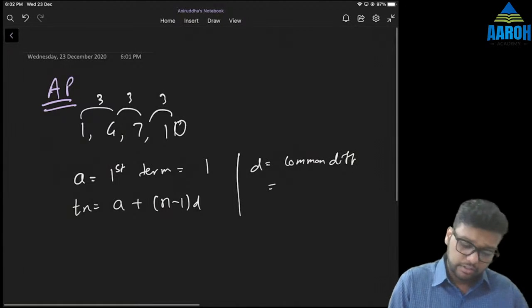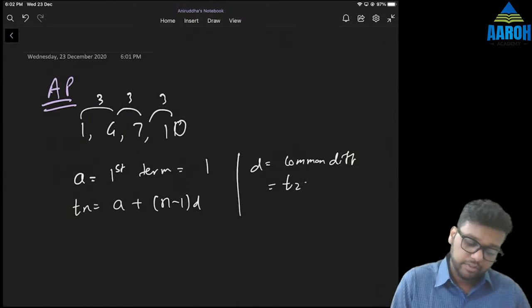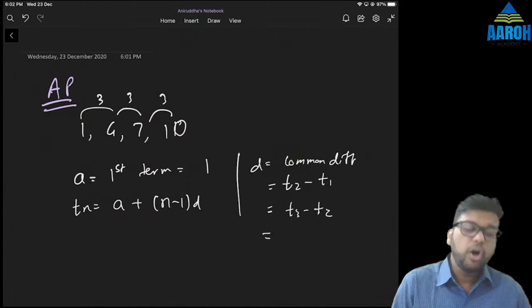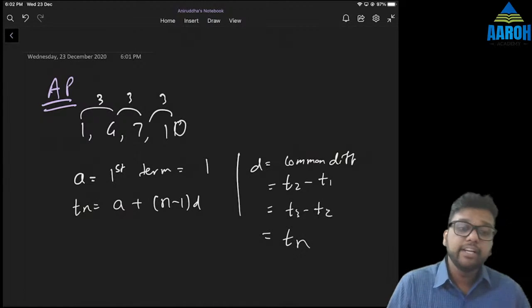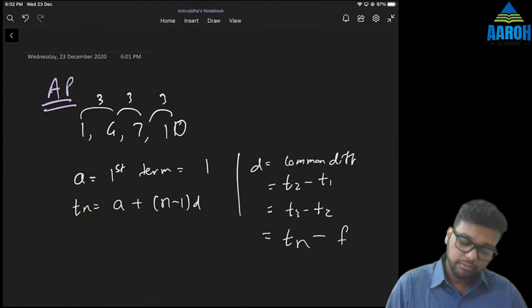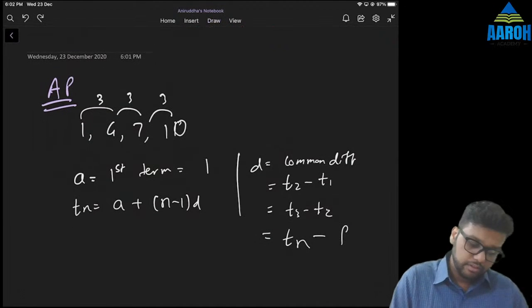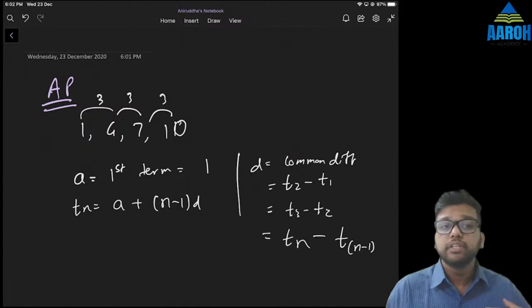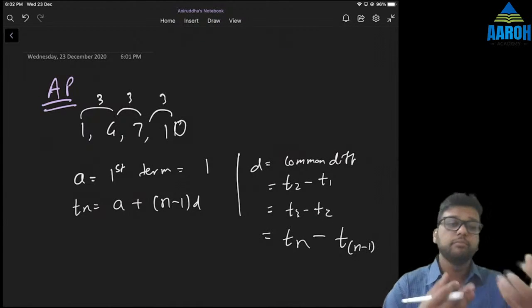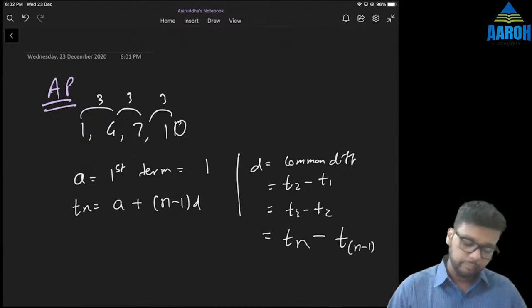What is the common difference? It is the difference between the second term and the first term, or the third term and the second term, or in general any term minus the previous term, that is the nth term minus the n minus 1 term.